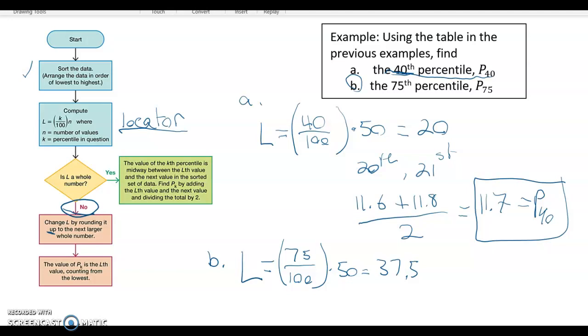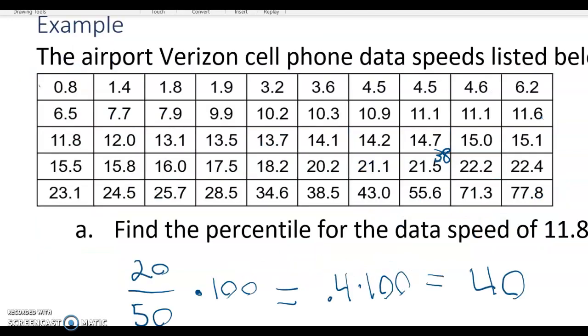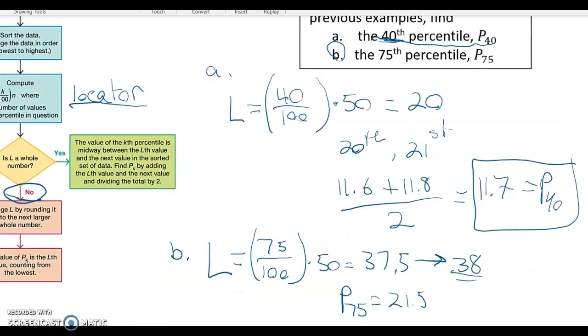So we're going to round up to the next largest number, which is 38. And our answer is going to be in the 38th spot. You can see here the 38th spot has the number 21.5. So that means the 75th percentile is 21.5. You can write that P sub 75 equals 21.5.